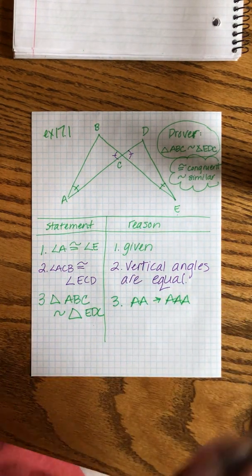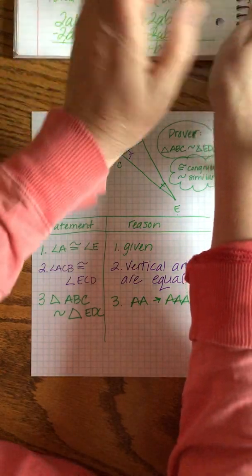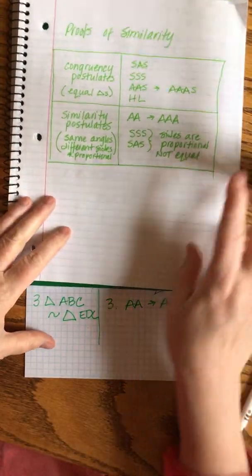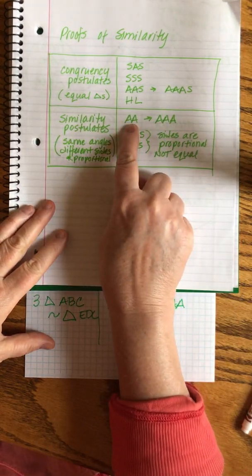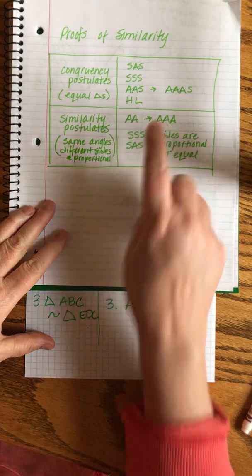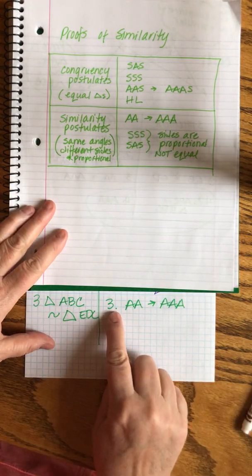Remember, that's one of our similarity postulates: if you can prove 2 angles are the same, then you know that 3 angles are the same, and that will do it for similarity. So that's what we did.